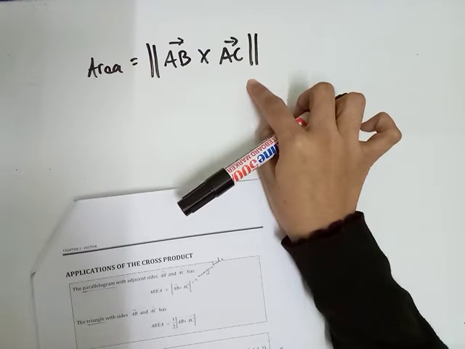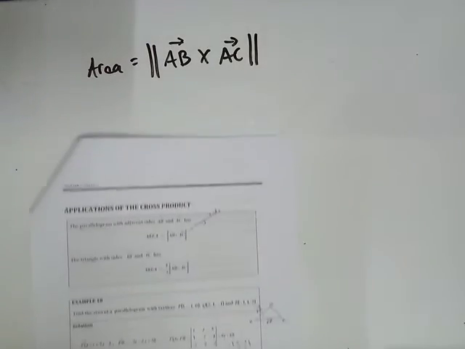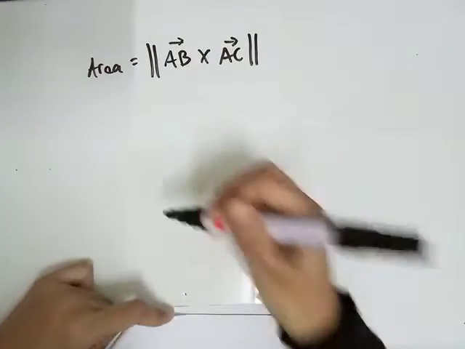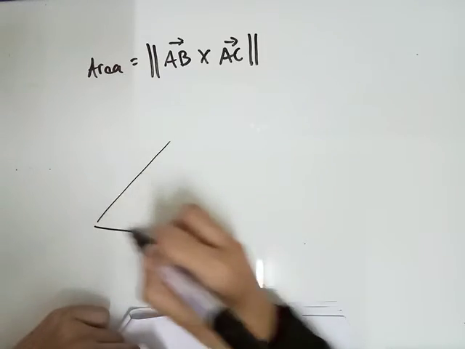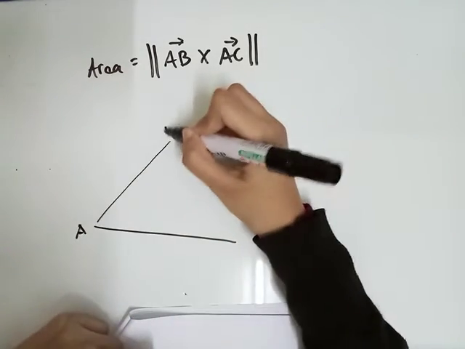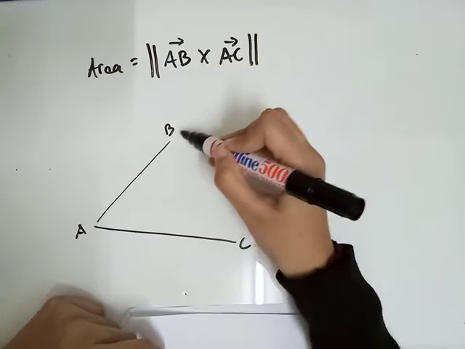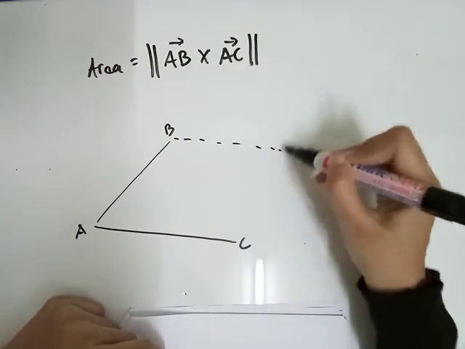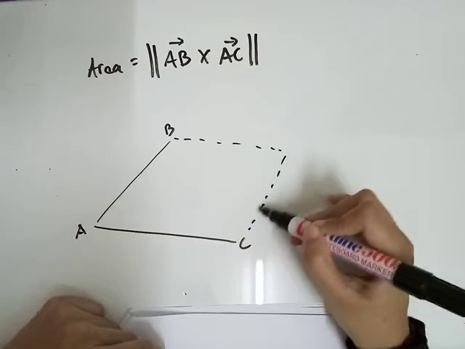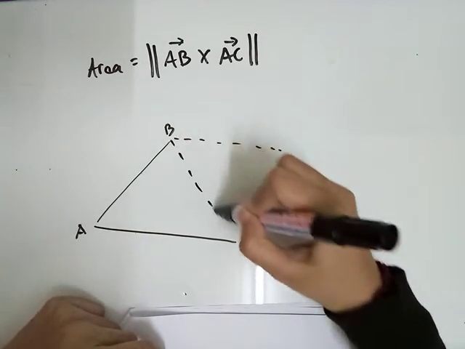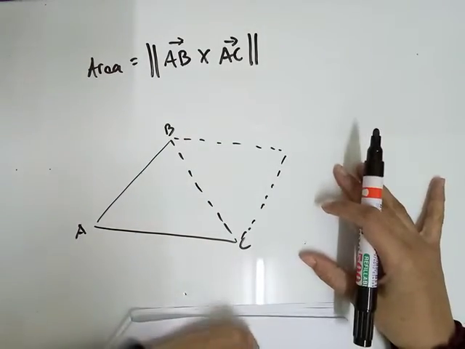What is meant by the parallelogram with adjacent sides AB and AC? In the definition, that means this. Let's say this is A, this is B, this is C. What is the shape of a parallelogram? Like this. This is the parallelogram shape.